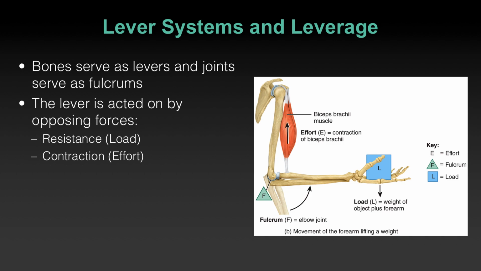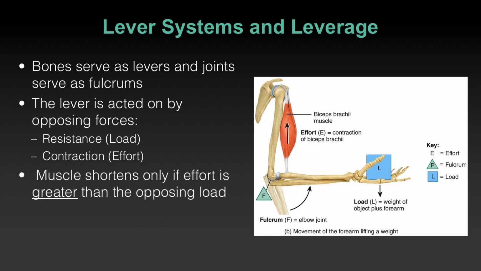There is a load or a resistance just in the limb itself. It has a mass. If you're holding a dumbbell, there's more resistance. The joint will only flex, the muscle will only shorten, if the effort is greater than the opposing load.